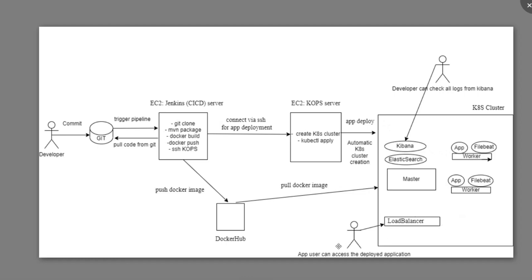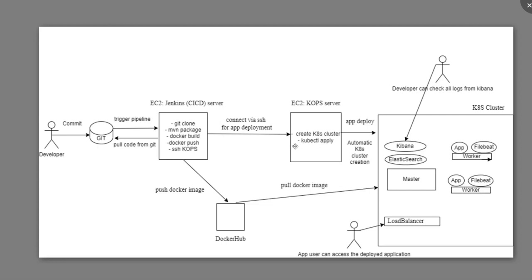And then this is the Kubernetes cluster, and this is the load balancer for the worker machines. The end user of the application will be able to talk with the application via this load balancer. And from the CI/CD pipeline, at the end, we communicate with this k8s server to deploy our application.